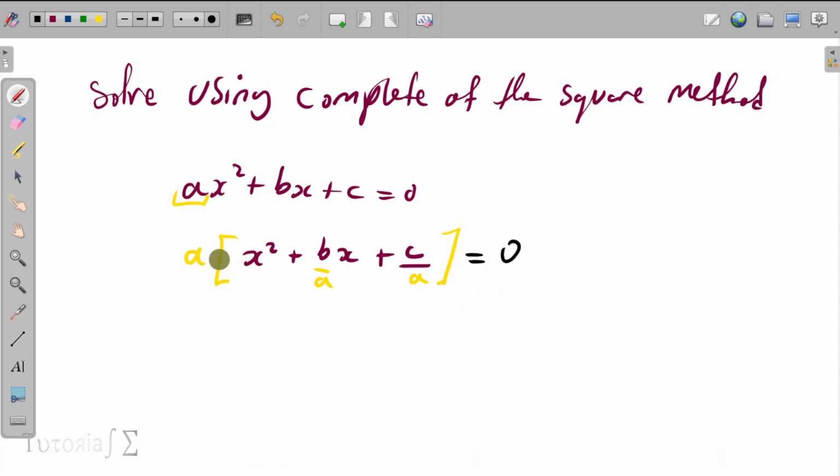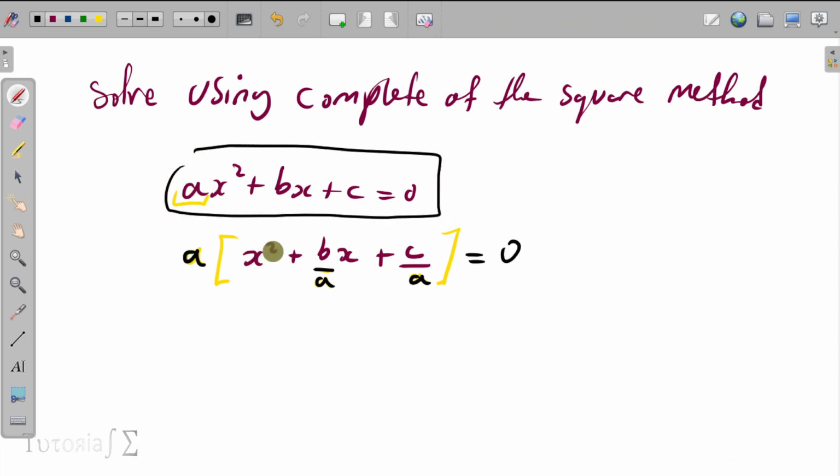Now, why are we putting everything over the a here? The idea is that when we distribute this a back, it should give us the original expression that we had. a times x squared will be ax squared. a times bx over a, the a and the a will cancel out and we go back to bx. a times c over a, the a's cancel and we remain with c, and 0 here will be maintained.